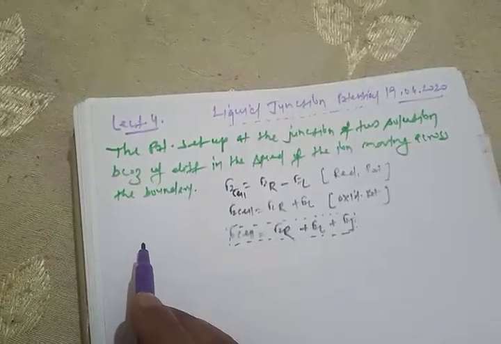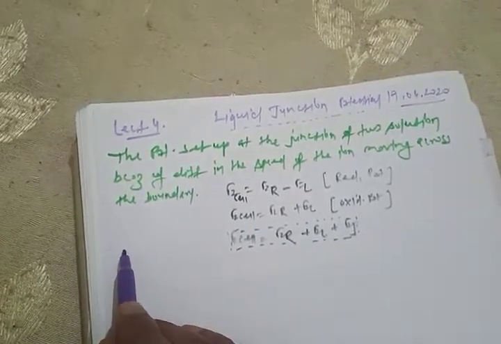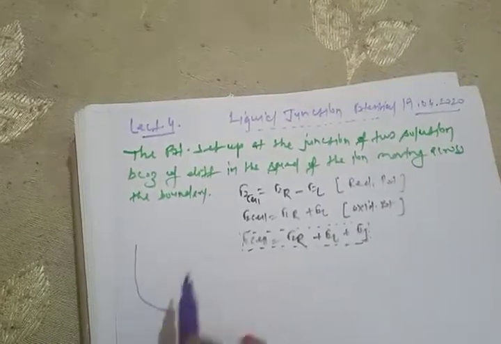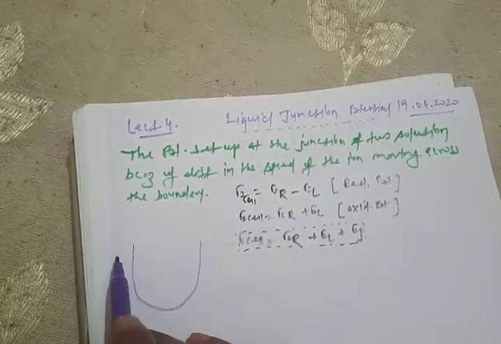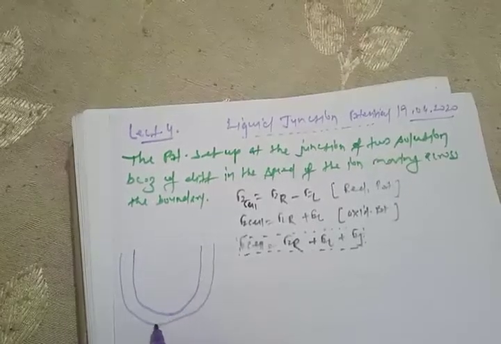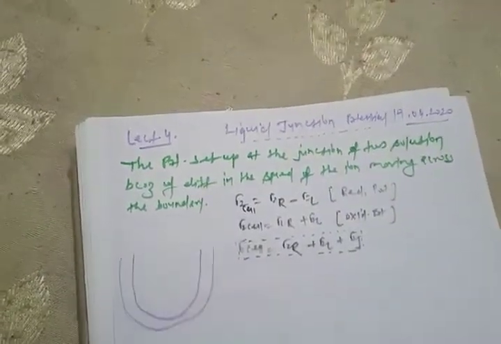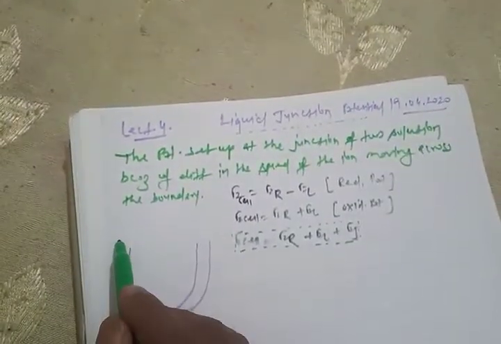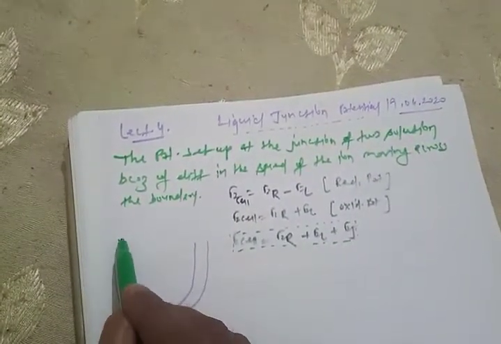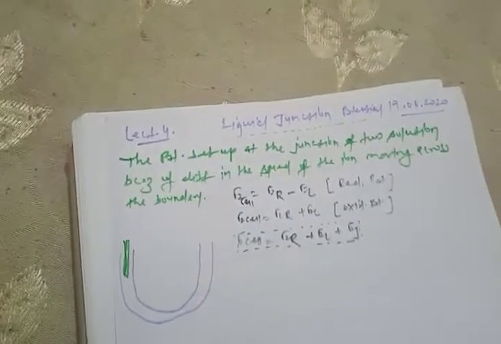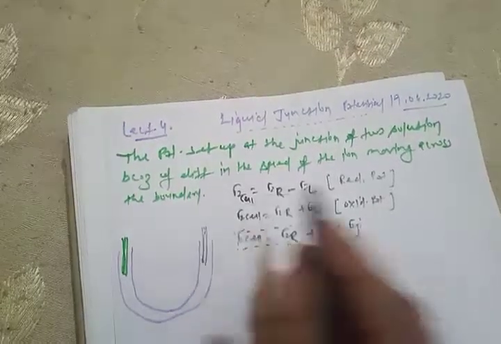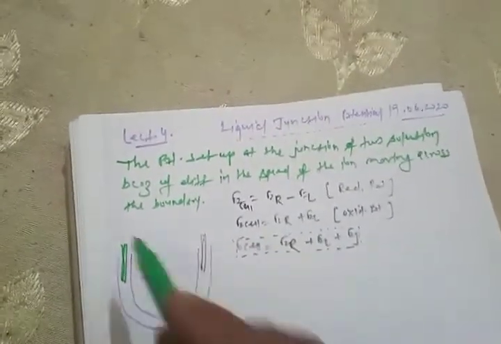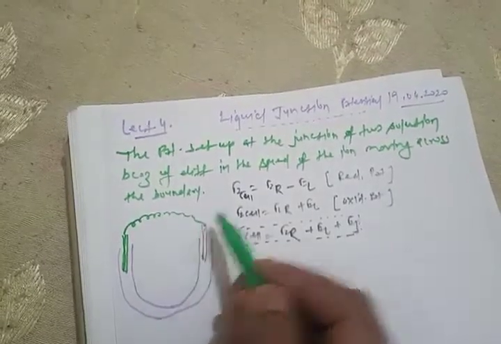Now we will draw a cell structure, and this I have already discussed in my previous video. So here we have an electrode, here we have another electrode, and this is connected with an external source.